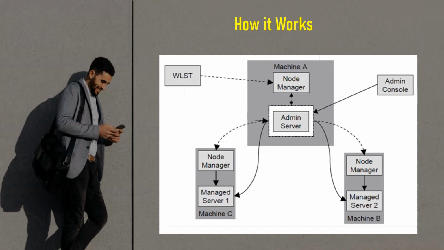For example, if you want to start managed server 2, which is running on machine B, you initiate the command from the admin console running on machine A. It will contact the Node Manager running on machine B, and then the Node Manager will contact your managed server and issue the command you have given, either to start or to stop the server.